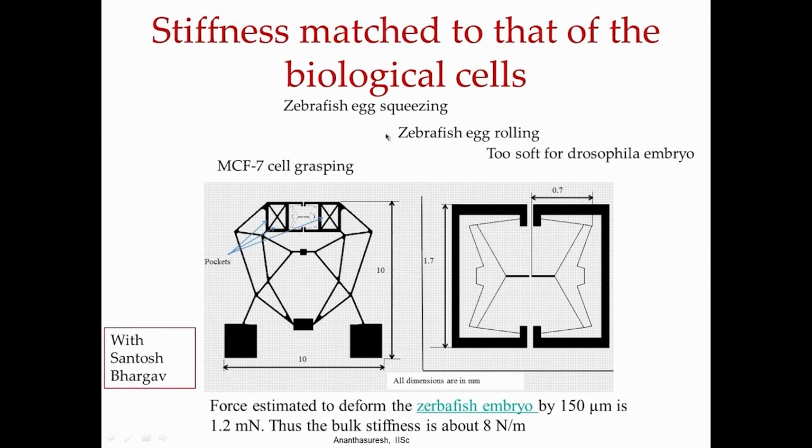If you want to make a compliant mechanism that can pick up a single biological cell, biological cells are of the order of a few microns. Red blood cell, one of the smallest animal cells, is about 5 to 7 microns in diameter, and all other cells will be slightly bigger than that, but of the order of microns.